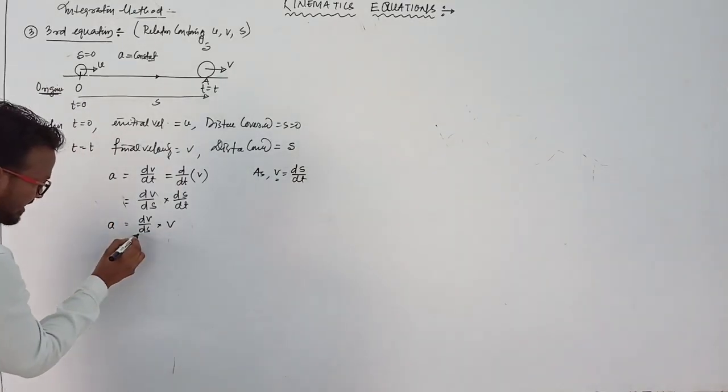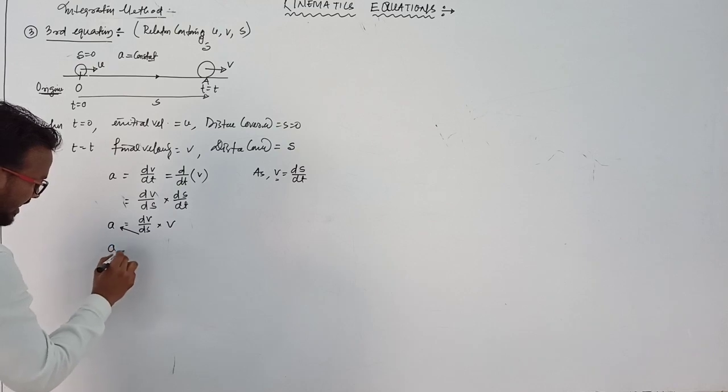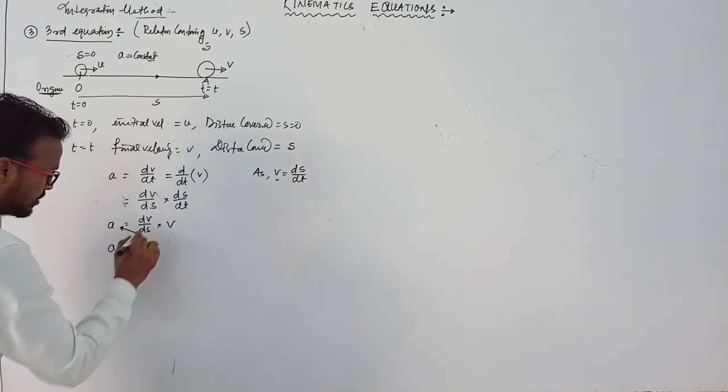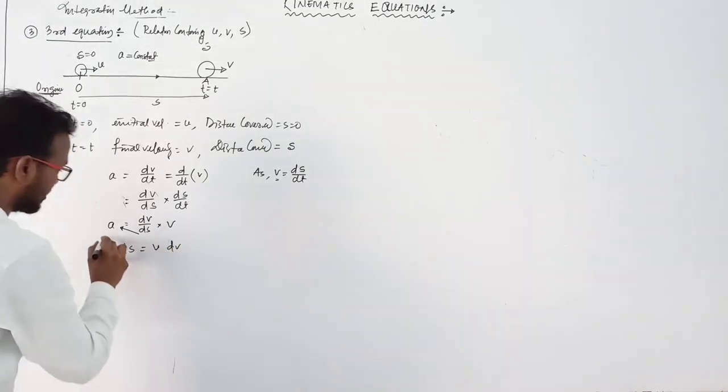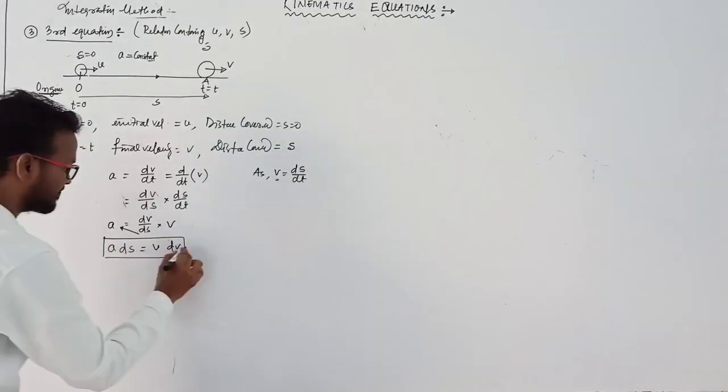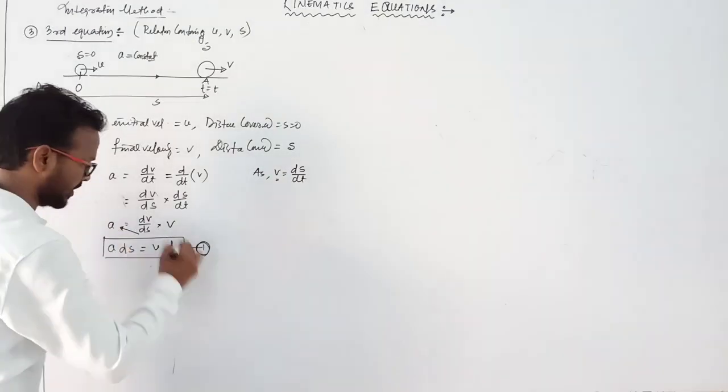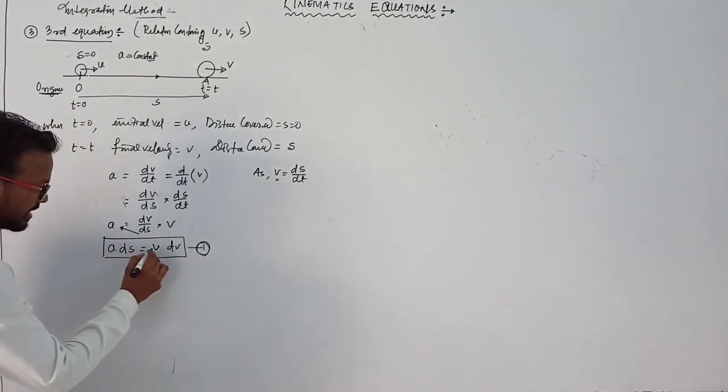and here acceleration a. Clear? Okay, now multiply this ds with a, so a ds equals how much? That is v dv. Suppose this is equation 1, the first equation: a ds equals v dv.